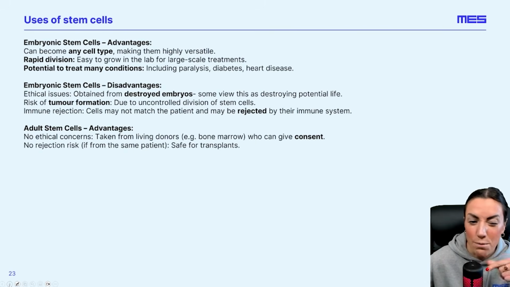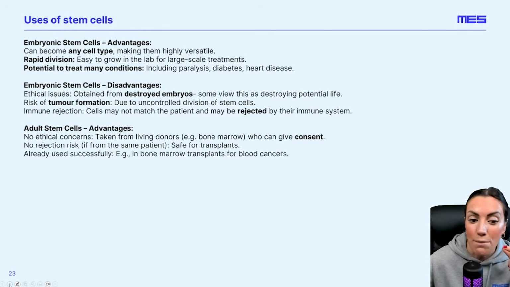So the transplant would be safe in terms of the cells would not be rejected by the patient's own immune system. It has already been used successfully. So using bone marrow transplants from a donor to treat someone with blood cancer, that has been used successfully. So it's quite a reliable and tested procedure.